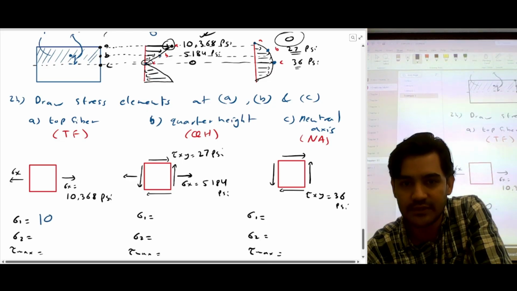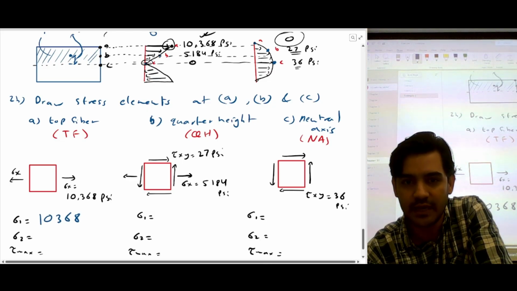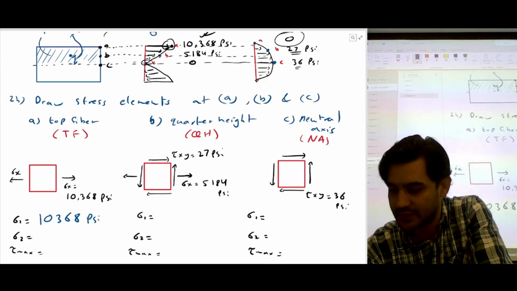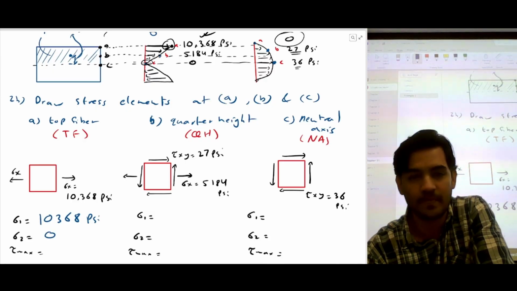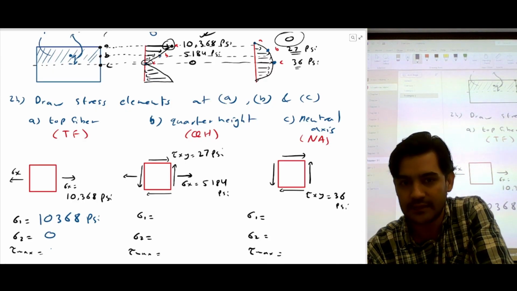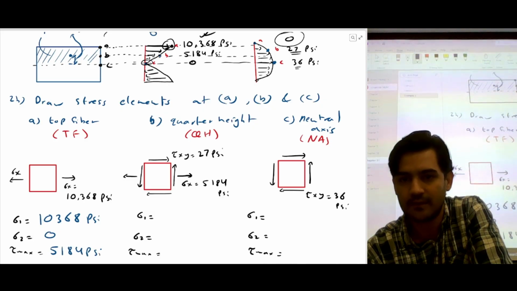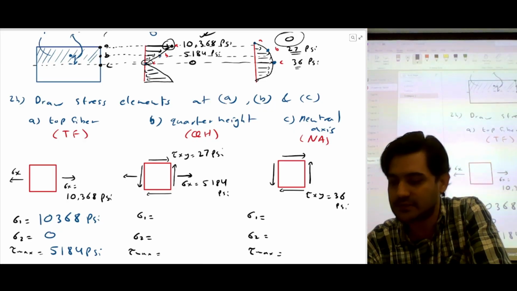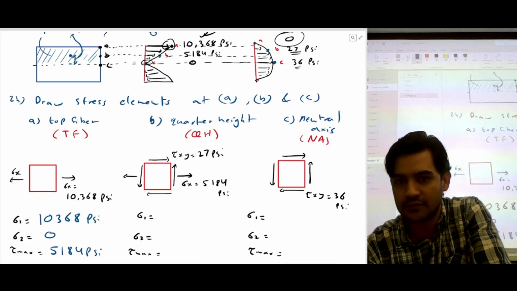So stress 1 is 10,368 psi. Stress 2 is 0. Tau max is 5,184 psi. For the quarter height stress element, our stress 1 is 5184 psi. Stress 2 is 0.